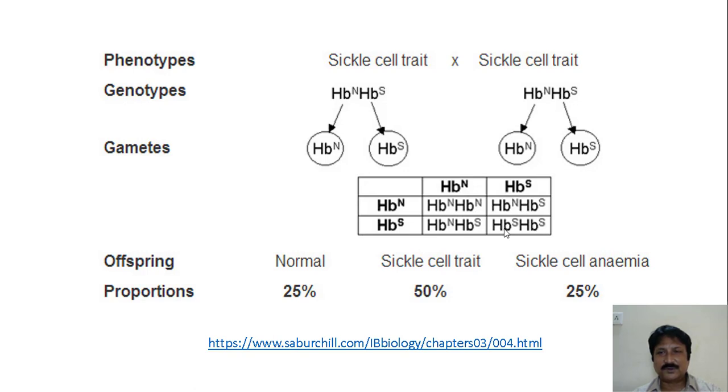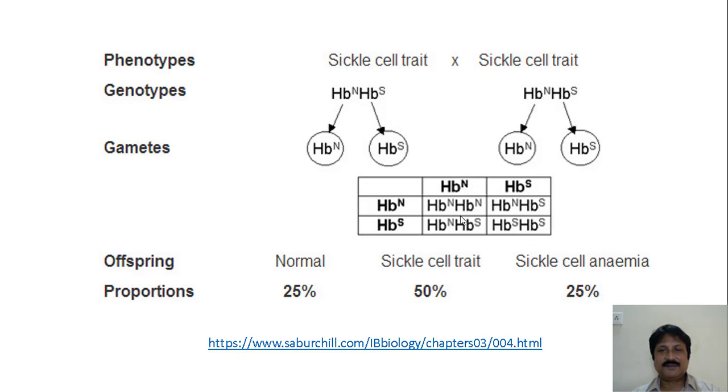And the fourth block, HBS, HBS, causes sickle cell anemia. So in this population, 3:1 is observed. But this one will not survive. So in this population, there is a 25% probability that they will die.